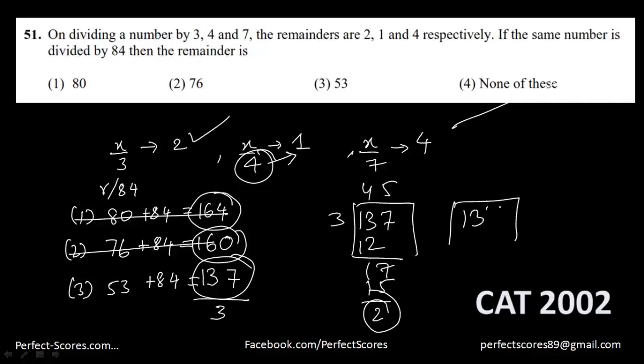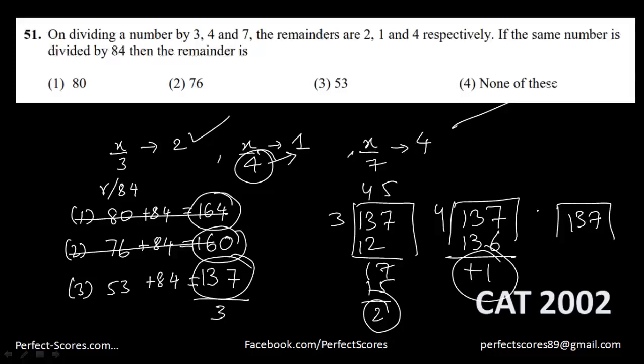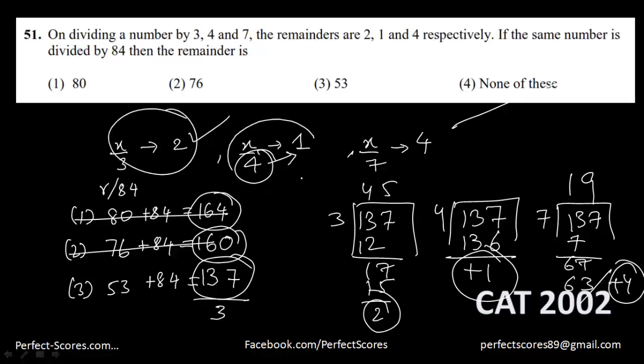When I divide this number by 4, I will get 136, and the remainder would be plus 1. And when I divide this number by 7, what will I get? 7 times 1 is 7, I will have 67, and 7 9s are 63, and the remainder would be plus 4. That means it's meeting all my conditions. Hence this over here is my answer.